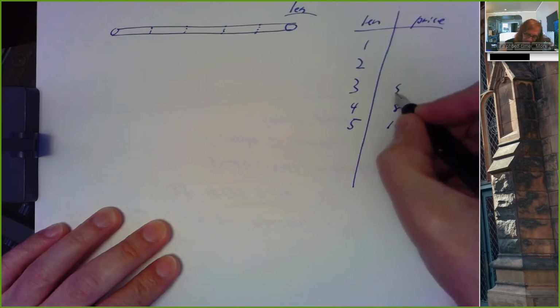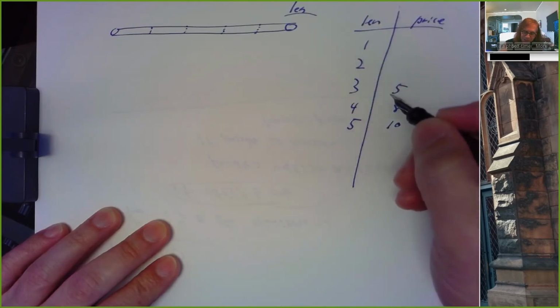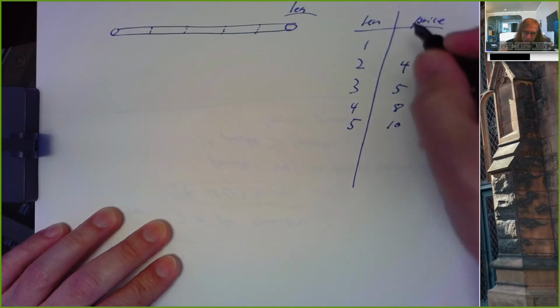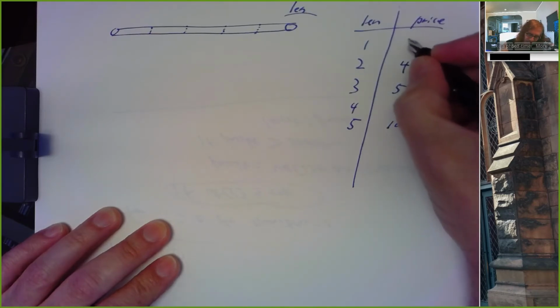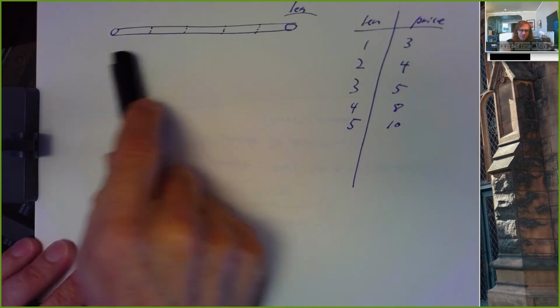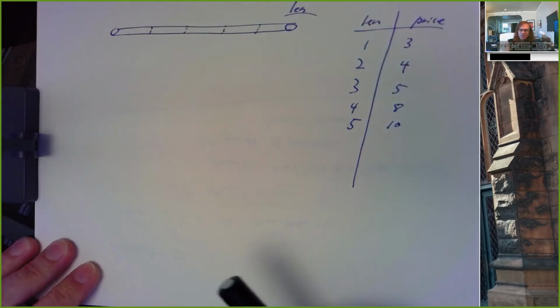A 3-inch rod is worth $5. But 2-inch rods are really valuable, so those are going to be worth $4 each. And a 1-inch is worth $3 because those are really useful. And so your question is, what's the most economically profitable way to cut up this rod and sell the pieces?